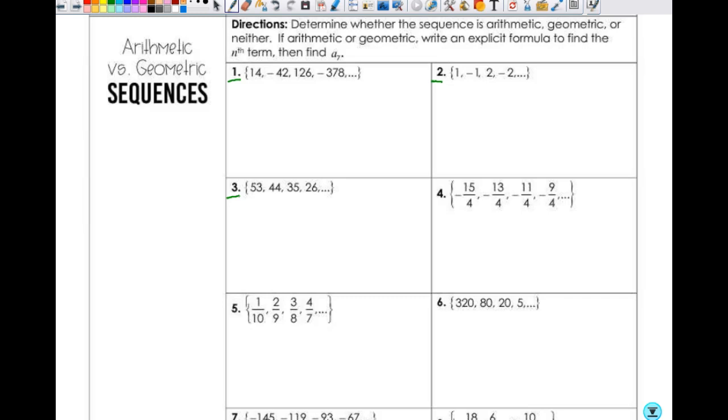Arithmetic, geometric, or neither. It's really the first part of the directions. Just determine whether the sequence is arithmetic, geometric, or neither. Just the first sentence is all I want you doing.